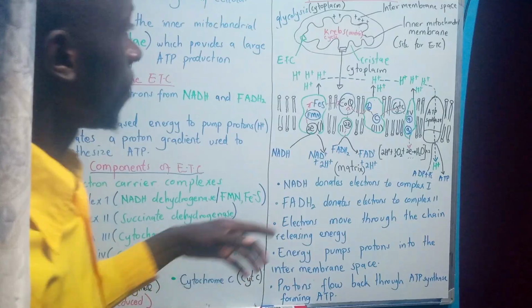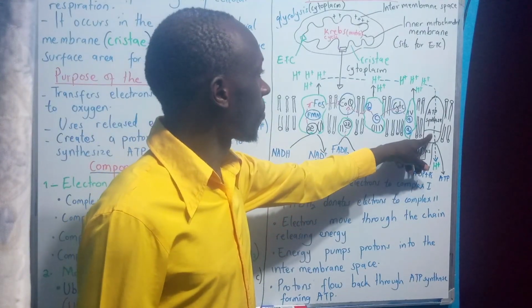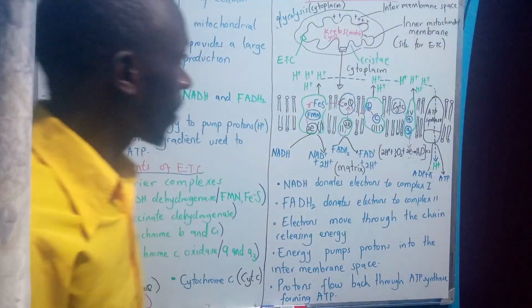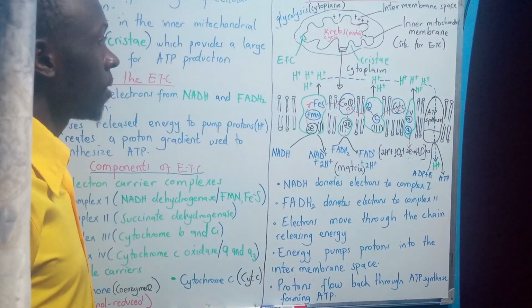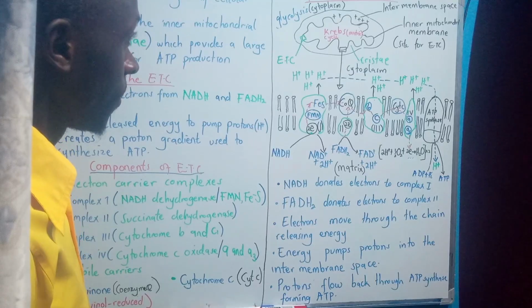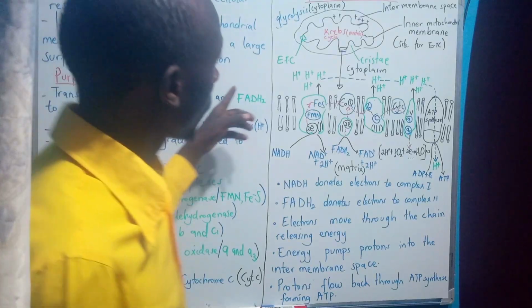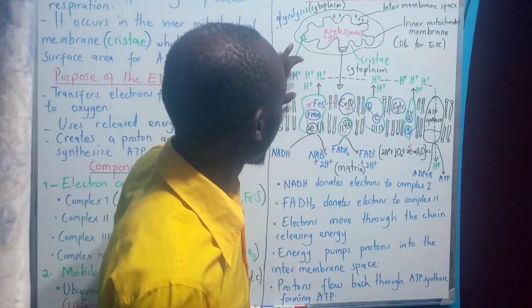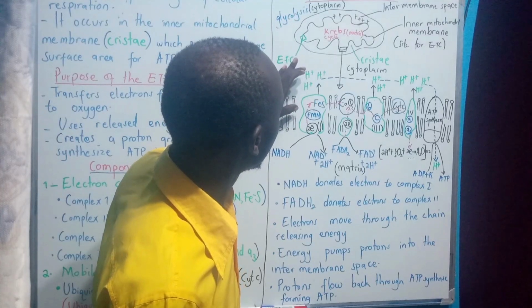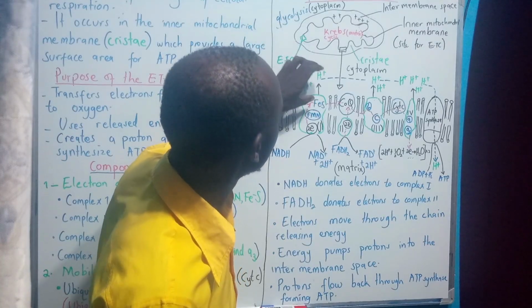So lastly, we look at the ATP synthase. ATP synthase is still another protein, but now this ATP synthase is going to be acting as a pathway for the protons from the intermembrane space.